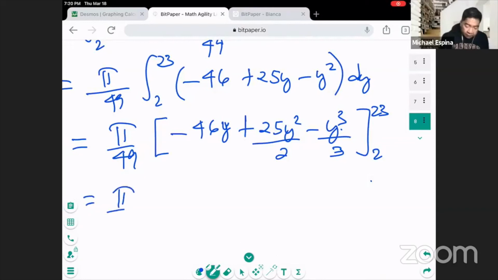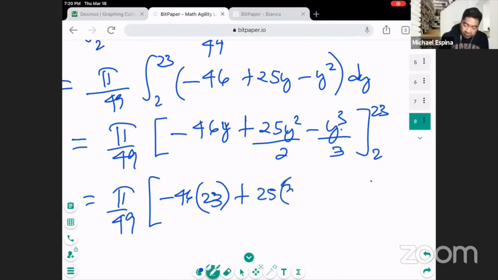So pi over 49, negative 46 times 23 plus 25 times 23 squared over 2 minus 23 cubed over 3.